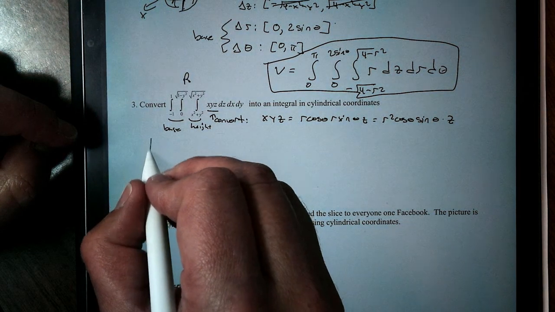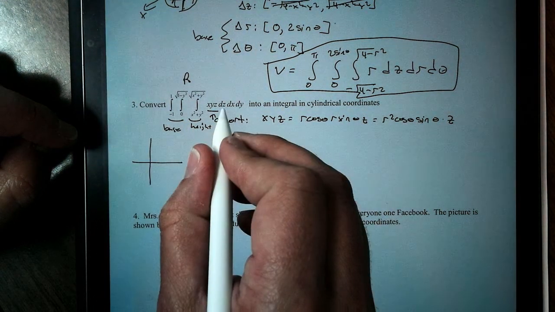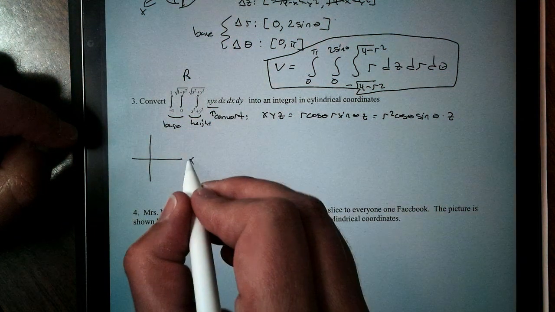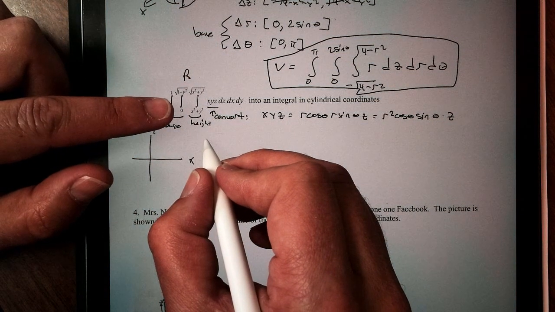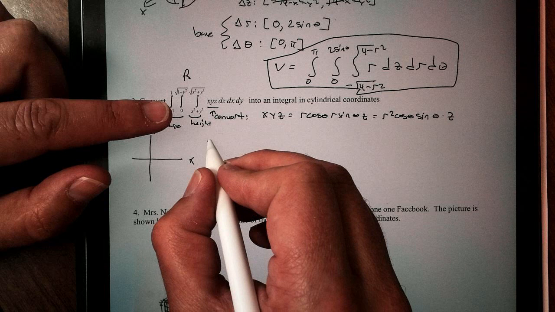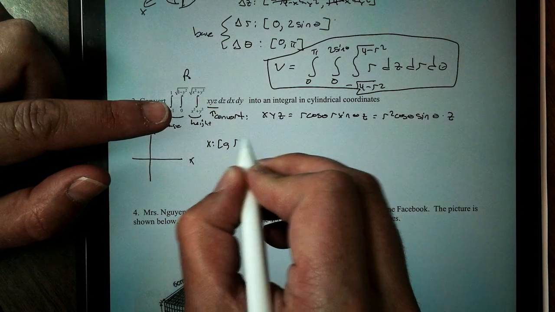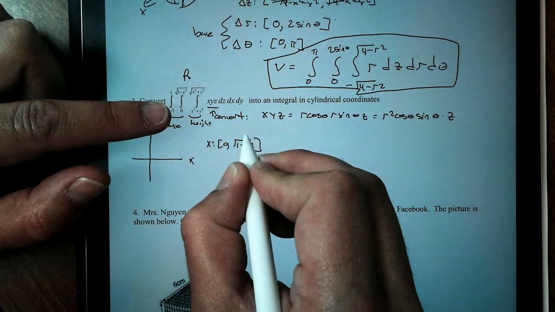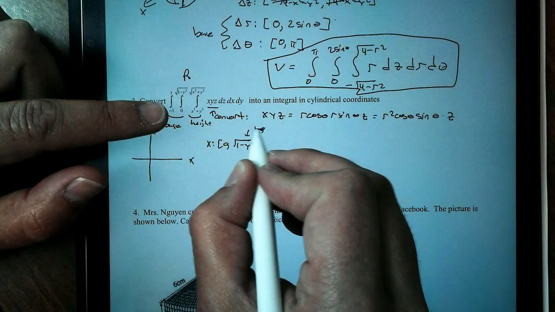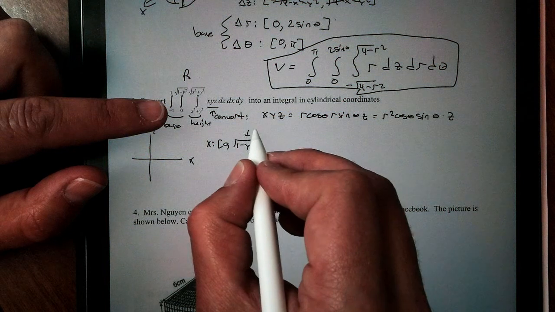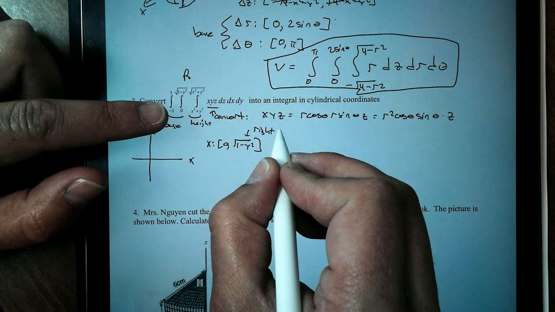This is going to be on the xy plane, and I know that because this is dz, dx, dy. So xy. I know that my change in x's go from 0 to the square root of 1 minus y squared. Well, this is just the right part of a circle.